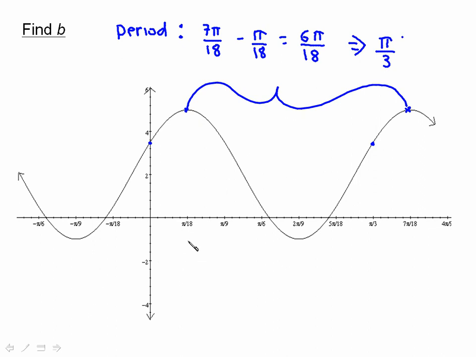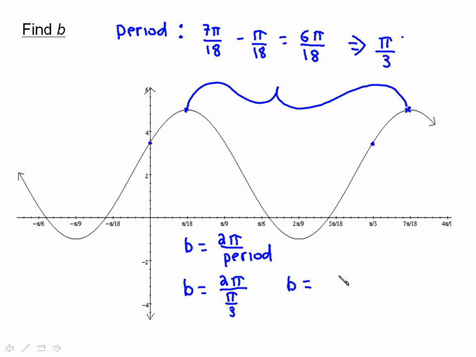But if we take the b value and remember that b is equal to 2 pi divided by the period, we should be able to get that. B, therefore, is equal to 2 pi divided by pi over 3. Now, I'm not going to do the full math on that because we've seen enough of these lately.